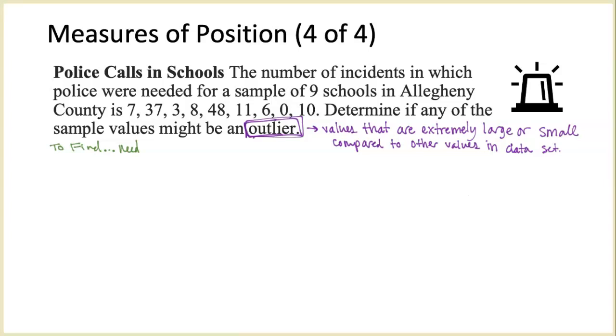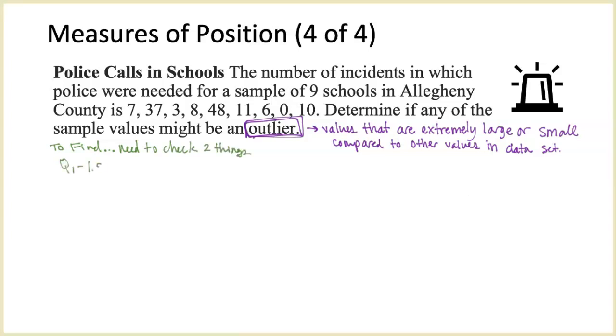If a number is extremely small, it might make the average seem smaller than it should be. So an outlier will definitely have some effect on the distribution. And there's a way that we can identify outliers, and we can kind of get away with those outliers. And this concept is in the measure of position section, because we look at quartiles to help us identify outliers. And we'll look at what a quartile is.